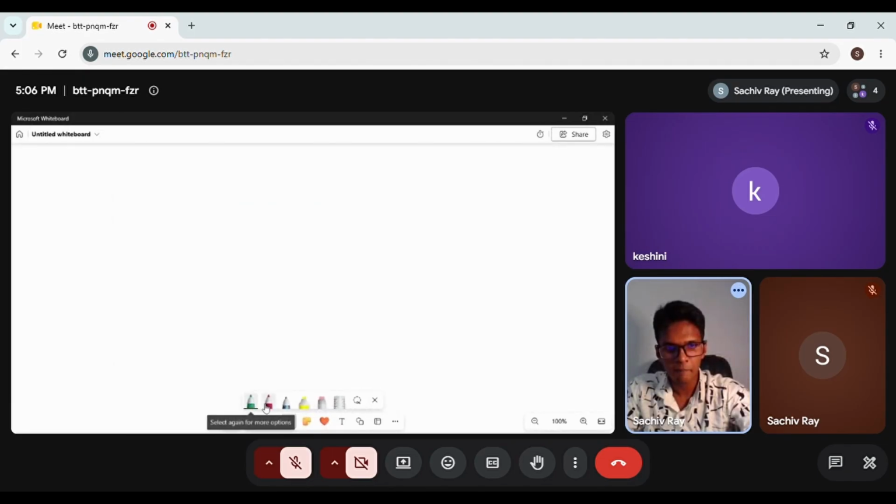Okay. Can you see the board? So you can write the topic: surface area of solids.